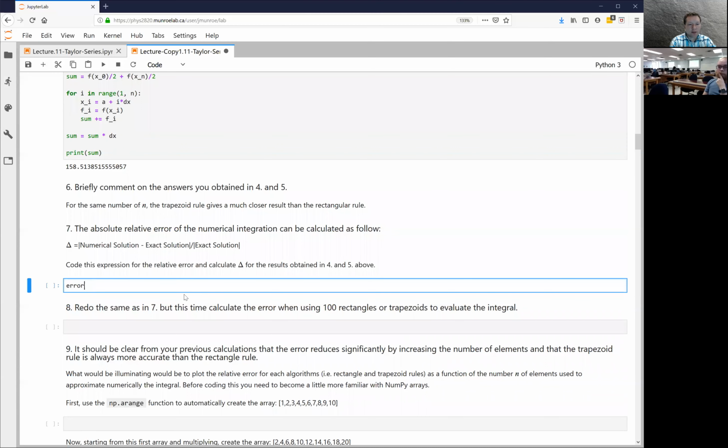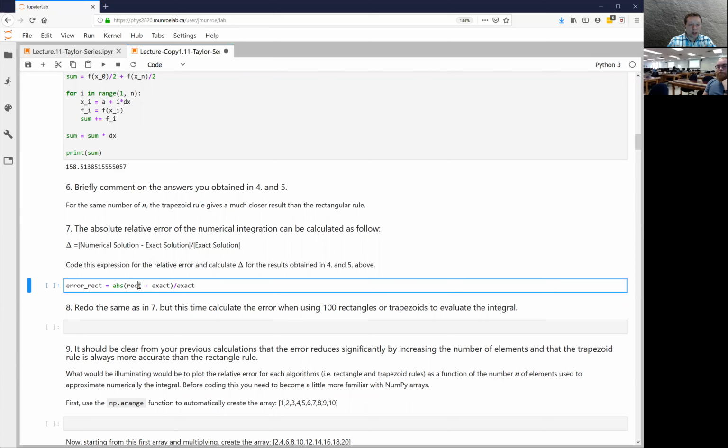So let's do it like this. Let's calculate the error in the rectangular result is equal to the absolute value of the rectangular result minus the exact value, all divided by the exact value, right? So that would work.